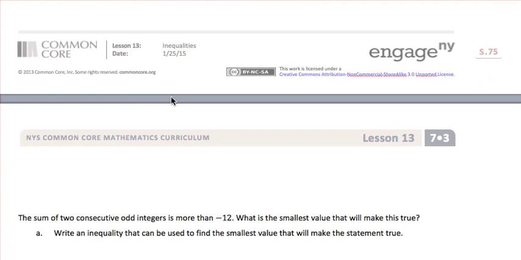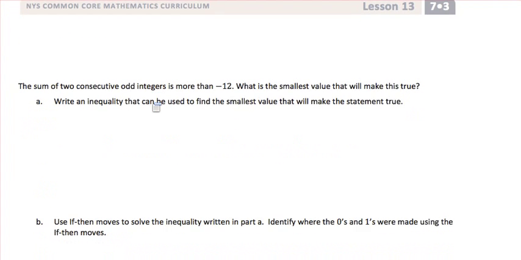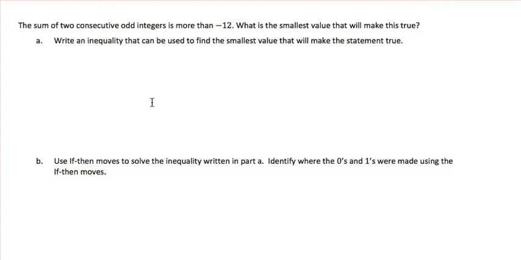So let's scan down here. If the sum of two consecutive odd integers is more than negative 12, what is the smallest value that will make this true? So we're going to look at, first of all, setting up the integers.